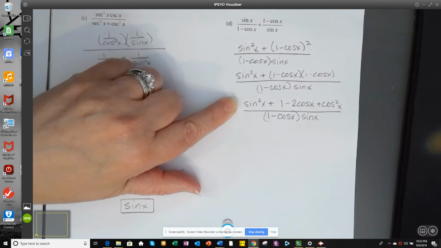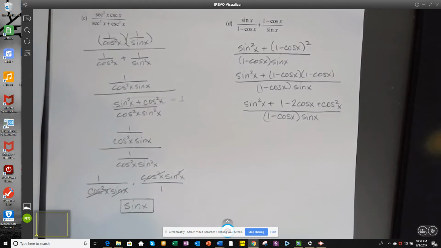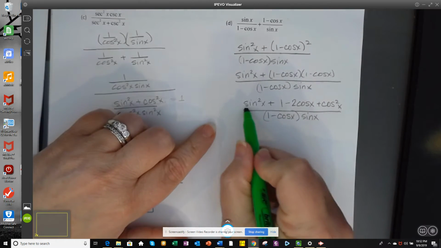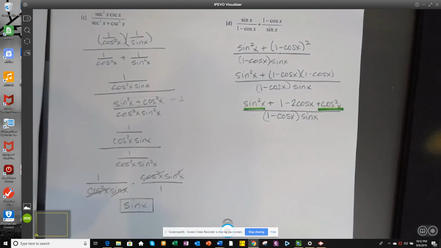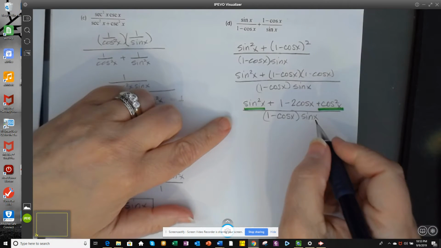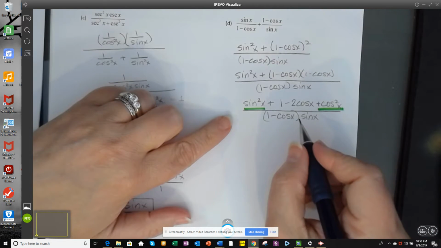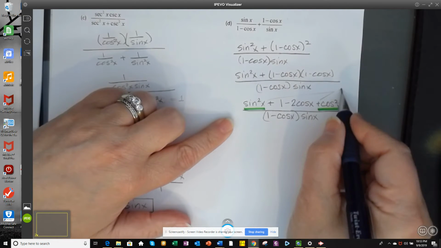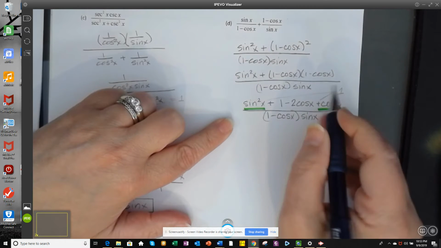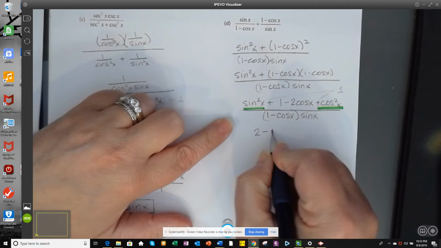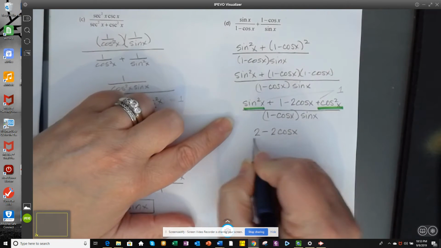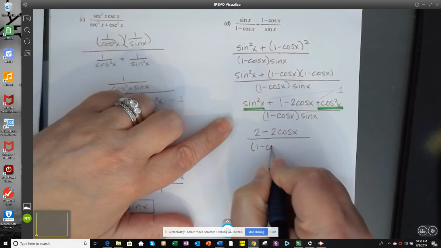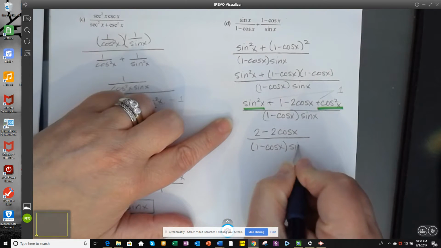And hopefully you're getting a little bit better at noticing some things. Do you see a sine squared x and a cosine squared x up here? And what does that equal when you're adding them together all at once? 1. Yes, something wonderful just happened. So these two things equal 1, and 1 plus 1 is 2. So we get 2 minus 2 cosine x all over 1 minus cosine x times sine x.